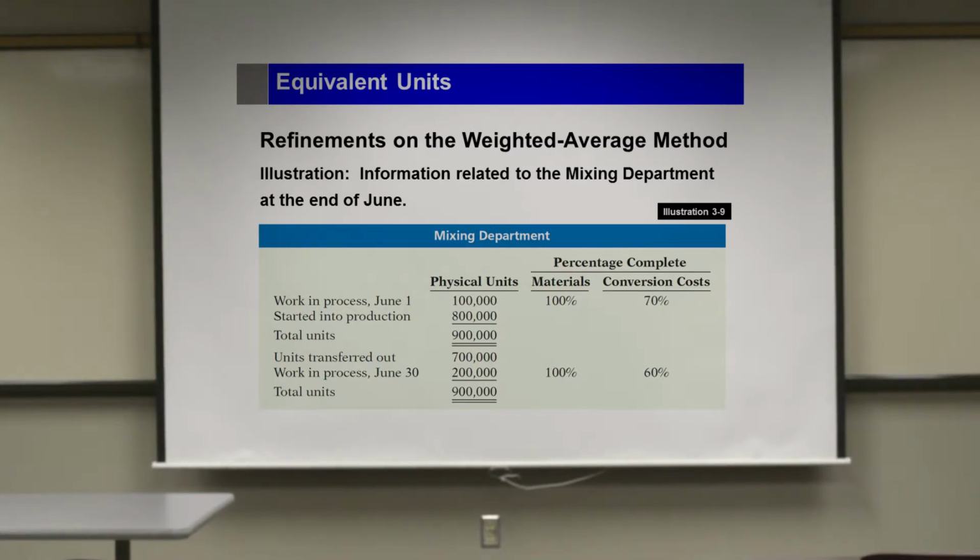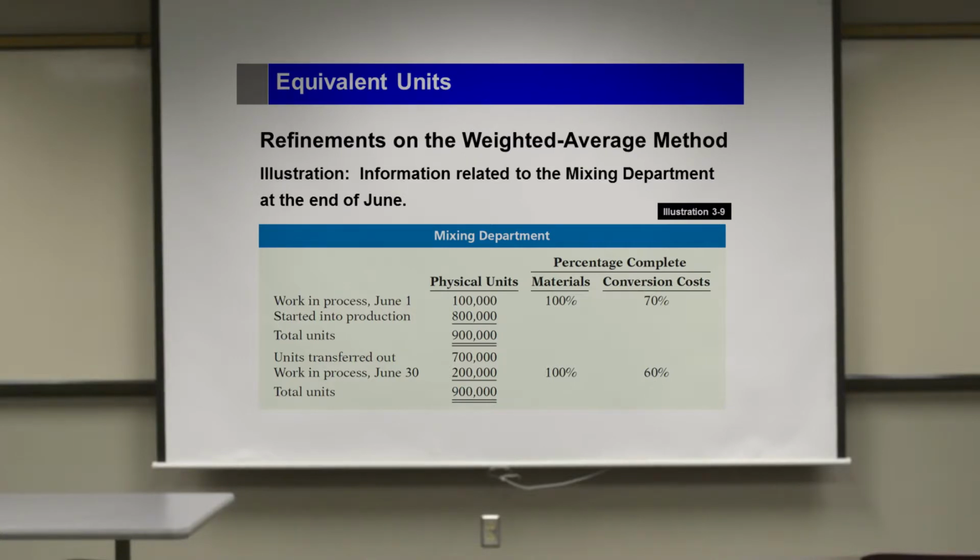But remember, when we are doing the weighted average, we do not worry about the equivalent units in the beginning work in process inventory. Please note, out of the 900,000 units, 200,000 units are still not complete and cannot be moved to the next department, but 700,000 units are complete in all respects. As far as those 700,000 units are concerned, they are 100% complete, so physical units and equivalent units will be the same.